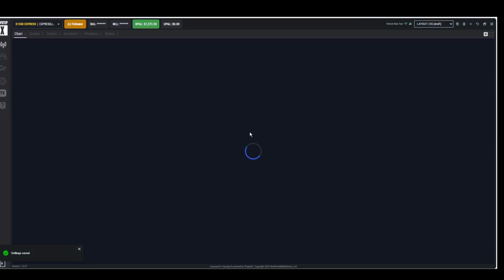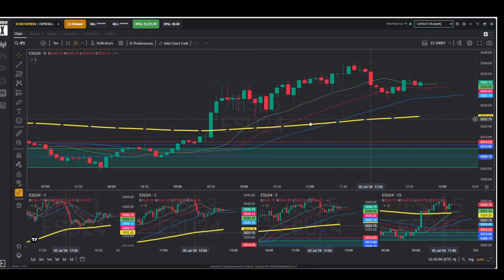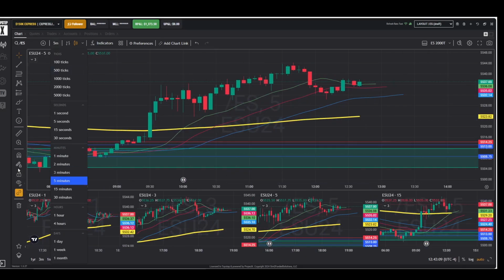And when we go back to chart, yeah, now we have drawings here, which I wanted to turn on, and I didn't, but it did automatically.